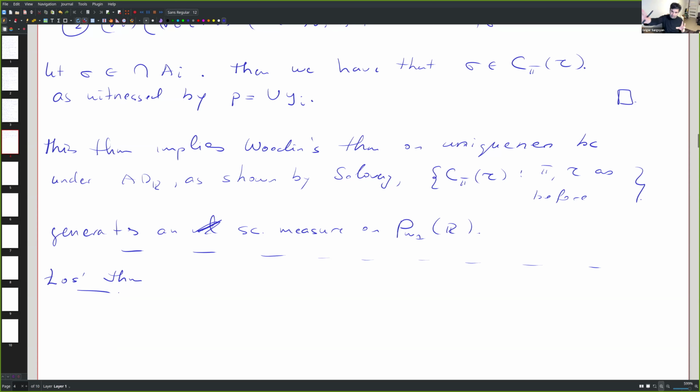Now you just apply the surjection that translates it onto the corresponding Solovay game on the set S. So this set generates an ultrafilter on S, just because without pi, if you just look at closure points of tau, it's generating the supercompactness measure on reals. And so when you apply pi, it's generating a supercompactness measure on S.